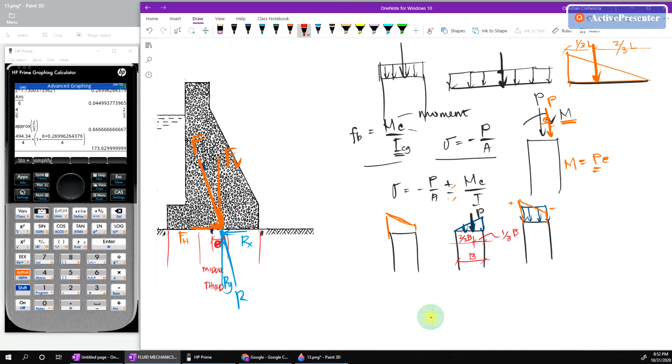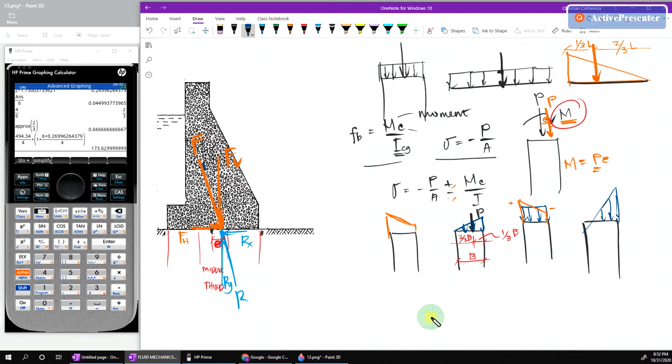So, kapag mas malayo pa or mas malaki pa yung moment, so, pwedeng yung stress diagram natin sa column is maging ganito. So, pwedeng ganito. No? Let's say ito yung compression.